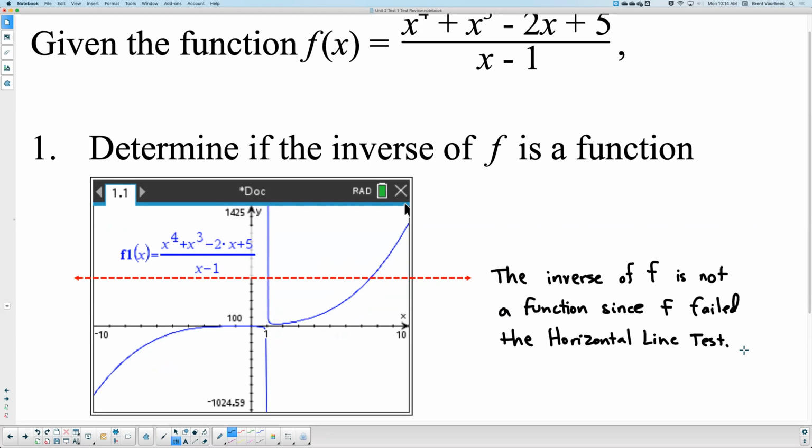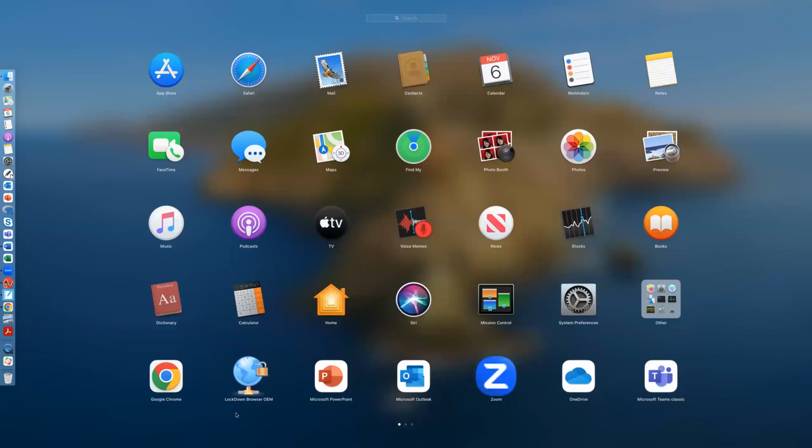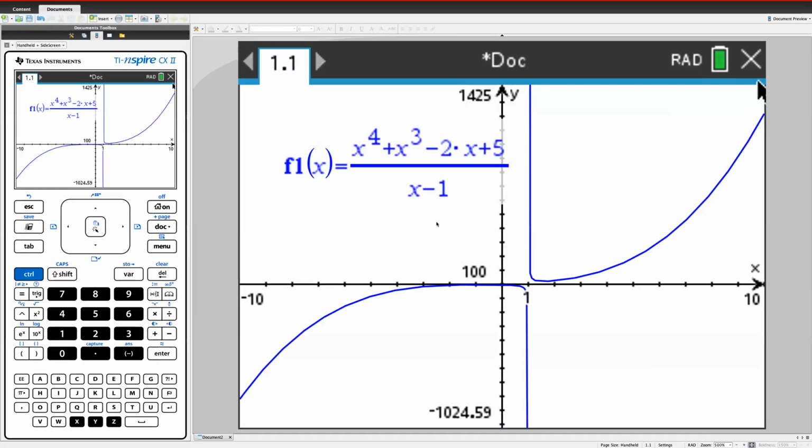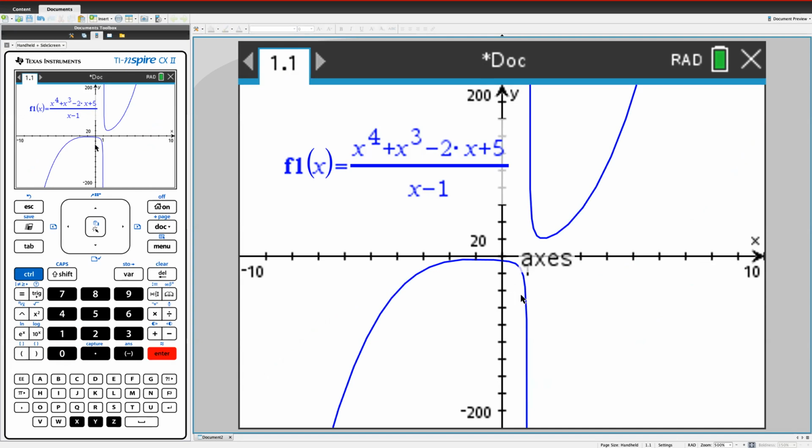Number 2 said approximate zeros. How do you find zeros with the calculator? Do you remember? Intercepts. They are the intercepts. Now I'm going to make my graph a little bit easier to see. Now that I know what the graph looks like, do I need to go this low? No, I'm going to change it to about -200 and +200. Let me see if I'm able to determine how many zeros this has better. All right. How many zeros does this graph have?